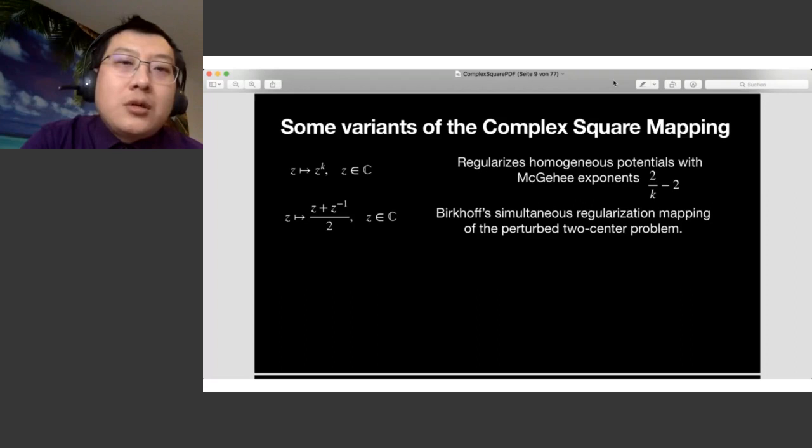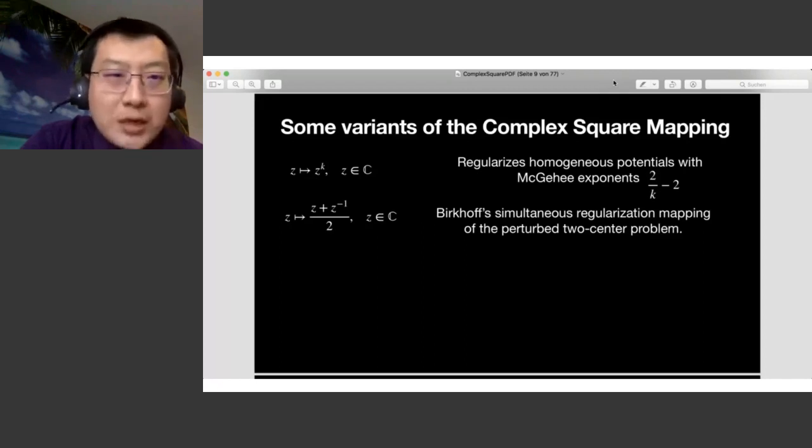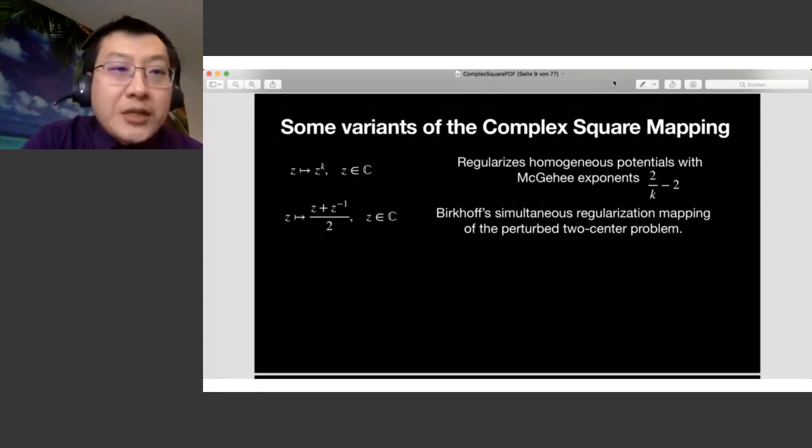But if we consider both of these mappings on the Riemann sphere, C union infinity, then z to z squared fixes 0 and infinity and is 2 to 1 otherwise, and this mapping fixes 1 and minus 1 and is 2 to 1 otherwise. So z and 1 over z will be sent to the same image. Indeed, what Vogel also showed is that these two mappings are conjugate by a Möbius transformation on the Riemann sphere. Therefore, it's really a variant of z to z squared. But this is very useful because it simultaneously regularizes double collisions with two centers.